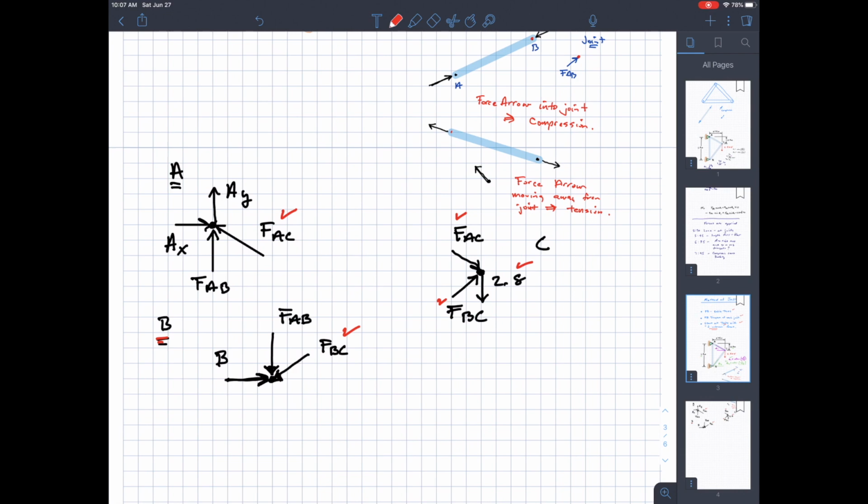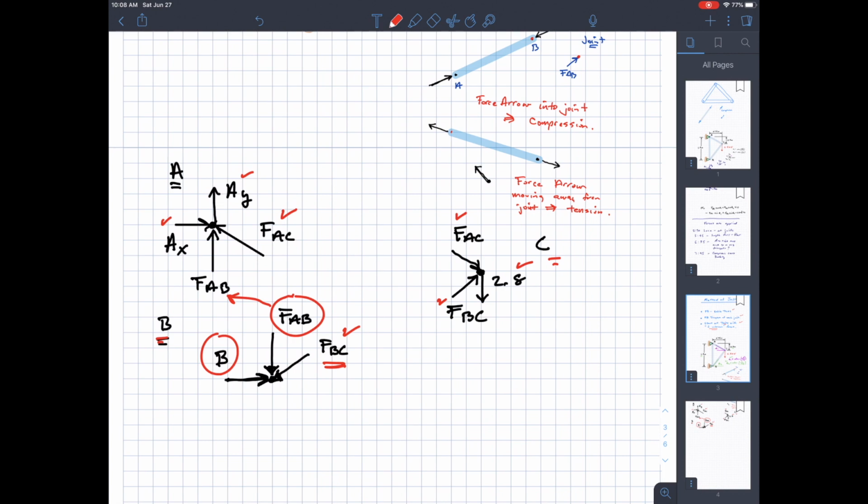This one's unknown, but I know this one, so I could then solve for FAB and B by writing two equations, two unknowns. Once I have that, that lets me move to joint A, where I know FAB and FAC, and two equations, two unknowns would let me solve for AY and AX. So that's the map through the problem. I start here at joint C, then I move to joint B, and then I move to joint A.